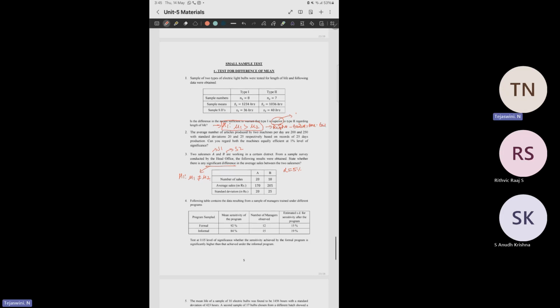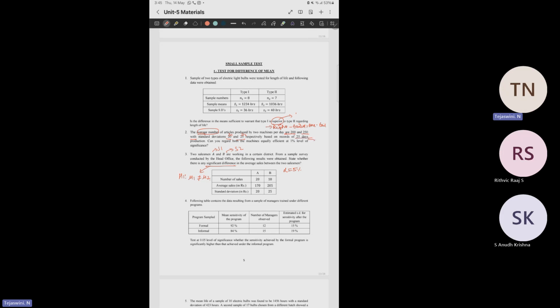And then the second question, the average number of articles produced by two machines per day. n1 is given to us, and then the average, sorry, x1 bar is given to us, x2 bar is given to us, and standard deviations s1 and s2 respectively, based on records of 25 days of production.